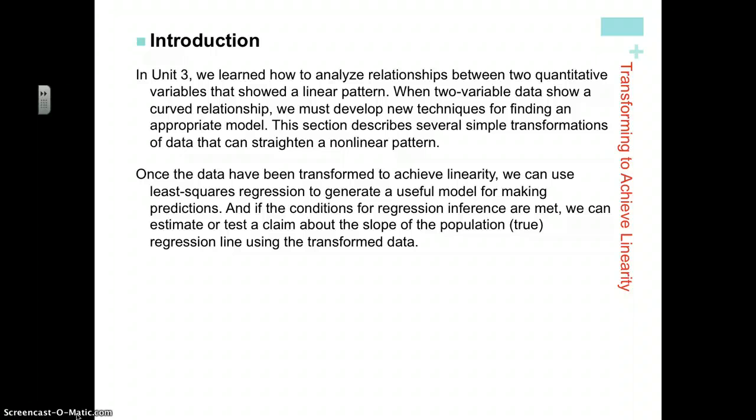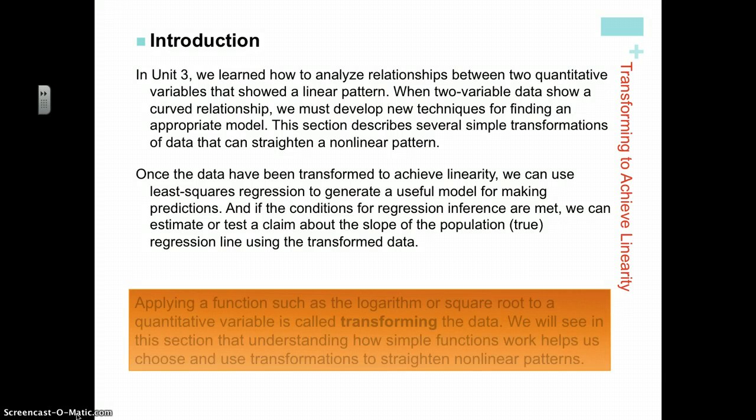Once the data have been transformed to achieve linearity, we can use least squares regression to generate a useful model for making predictions. And if the conditions for regression inference are met, we can estimate or test a claim about the slope of the population regression line using the transformed data.